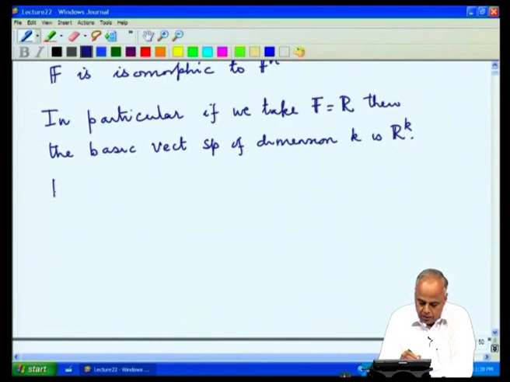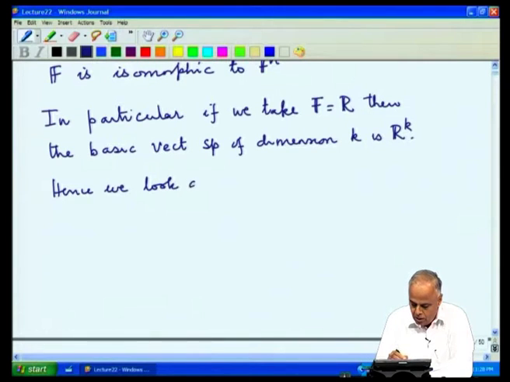So, hence we look at R k in more detail.